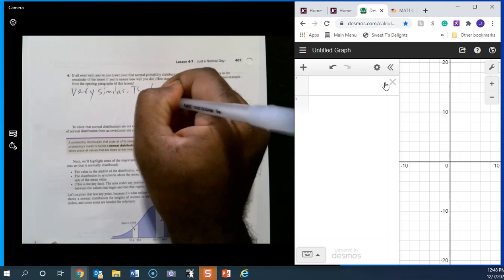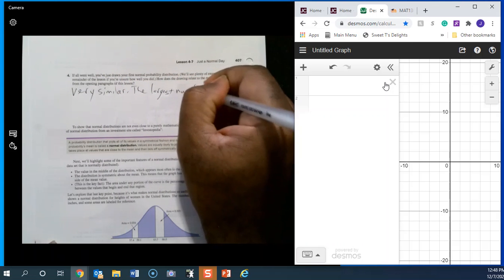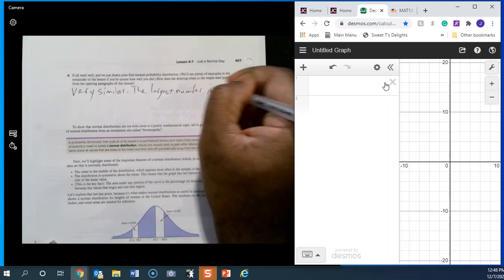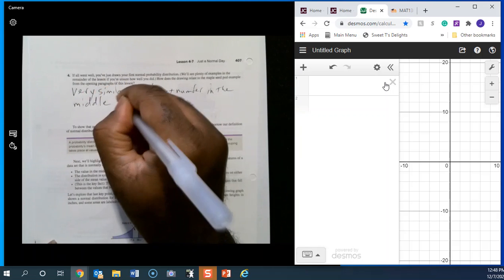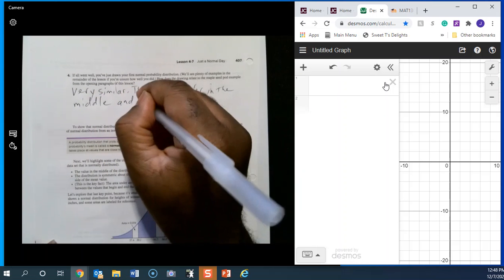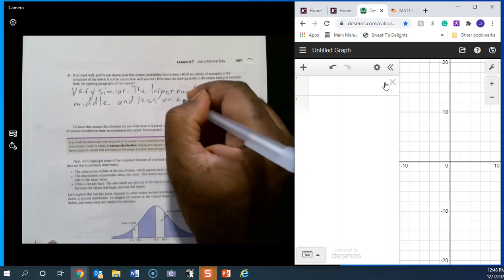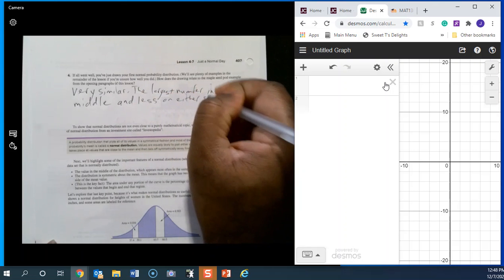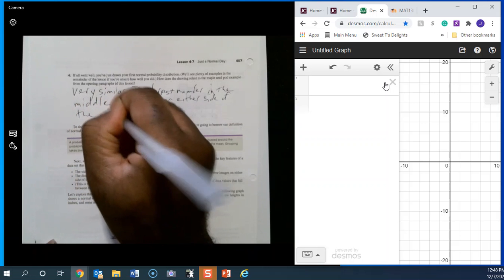The largest number in the middle, and less on either side of the middle value.